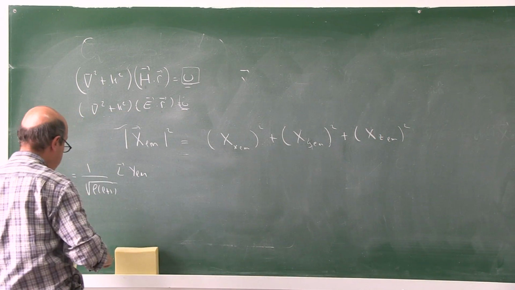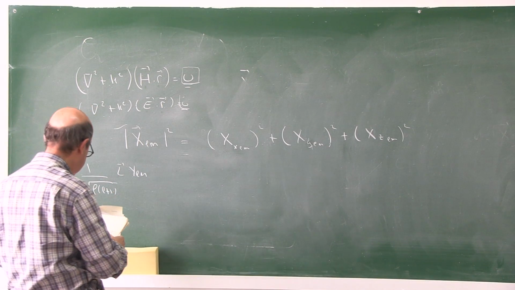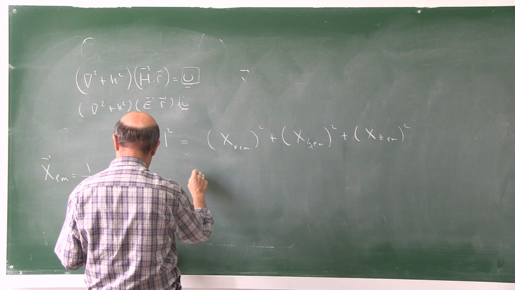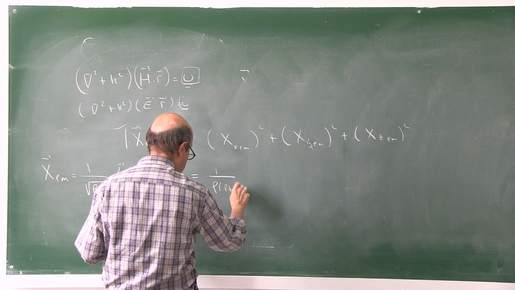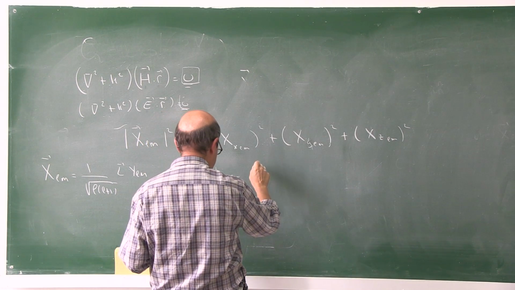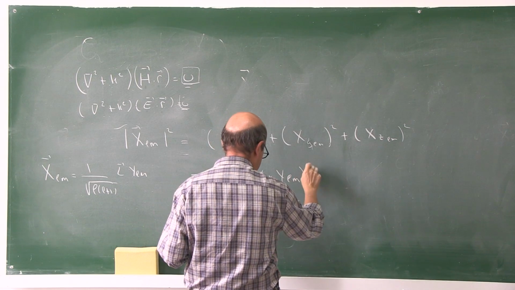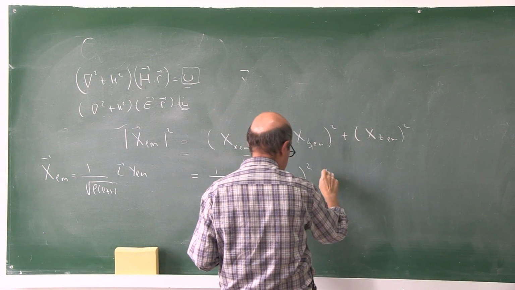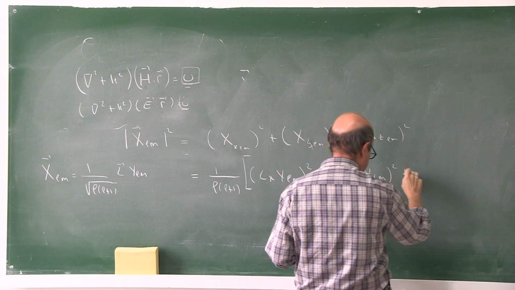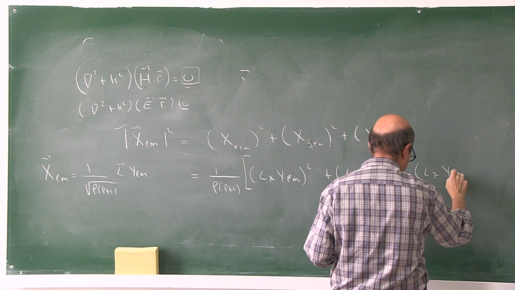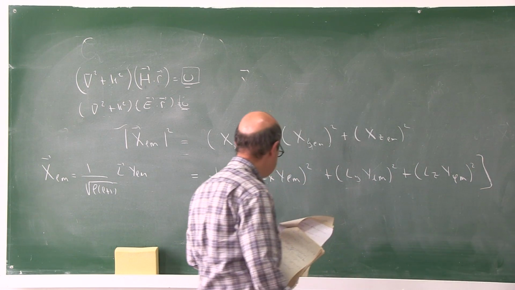And if you write this in terms of L acting on the YLM, that is equal to 1 over L plus 1, Lx YLM square, Ly YLM square, Lz YLM square, close the parenthesis.